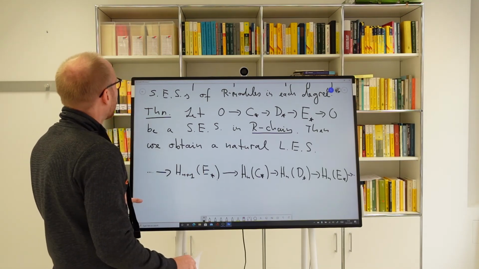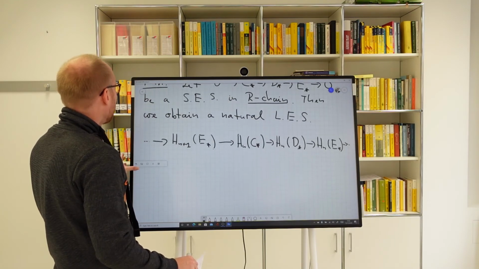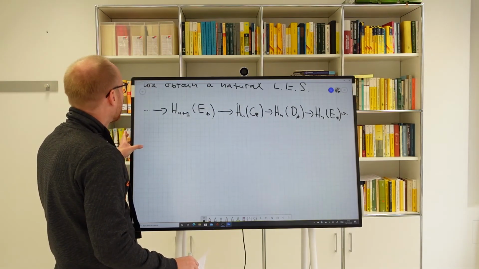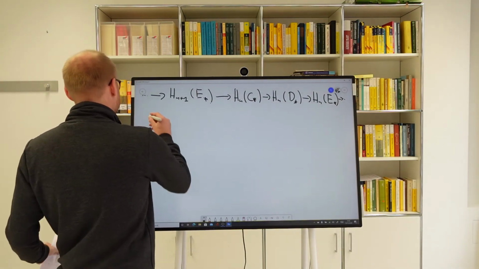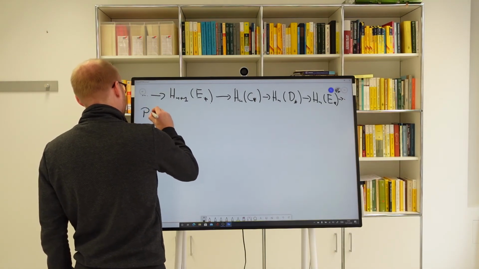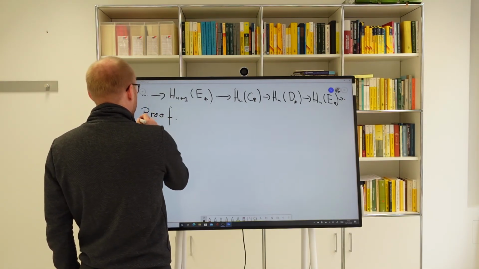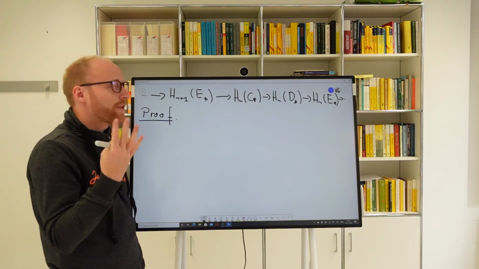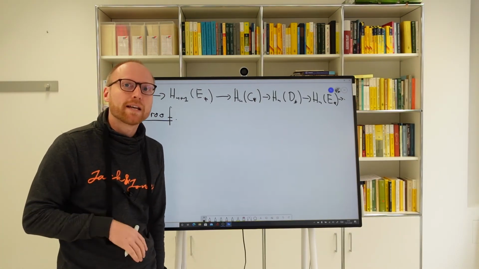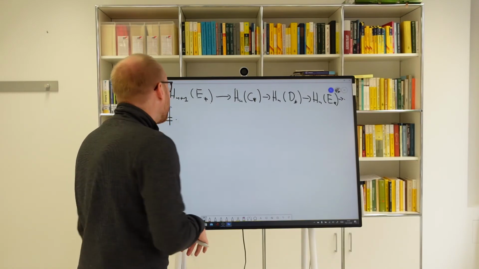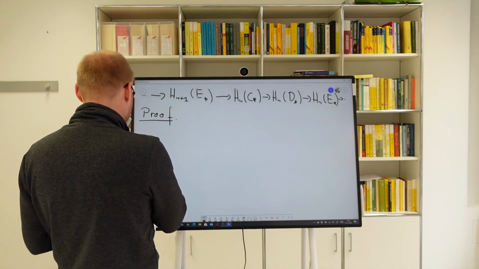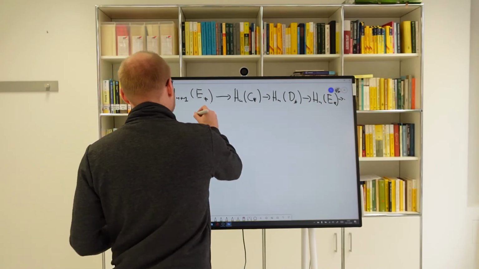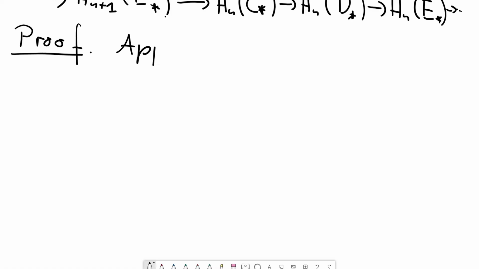All right, so let's prove this theorem. As promised, this theorem will actually be a pretty immediate consequence of the snake lemma. So we need to come up with a diagram to which we can apply the snake lemma. That's the first step, and this comes out of these chain maps pretty easily. So we apply the snake lemma to the following diagram.